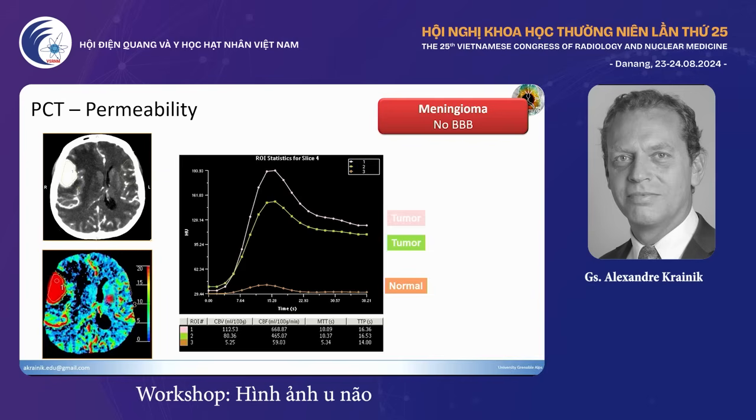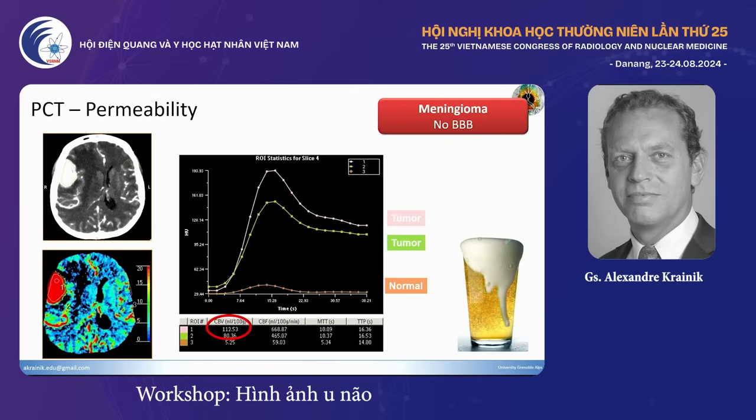When you look in the abnormal area, and especially the region of interest number 1, you see the value here, 112 ml per 100 gram. It's roughly 112%. Then you have in a voxel more than 1 voxel of blood volume. This is absurd.